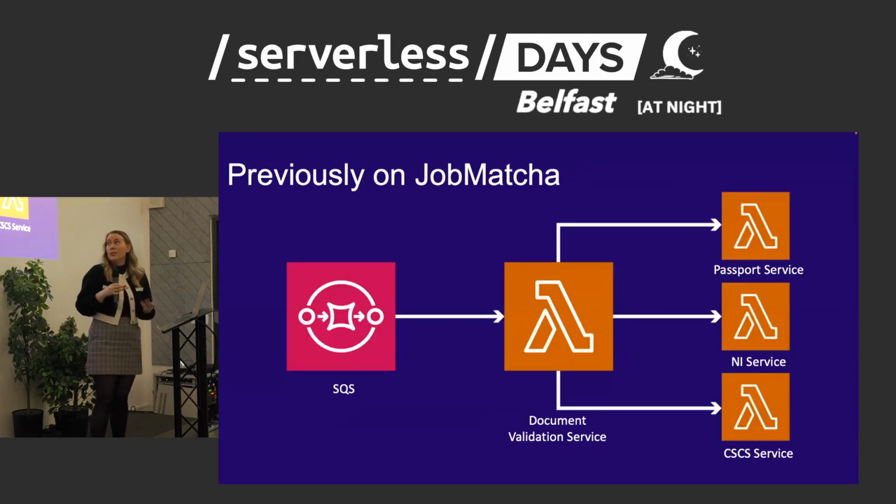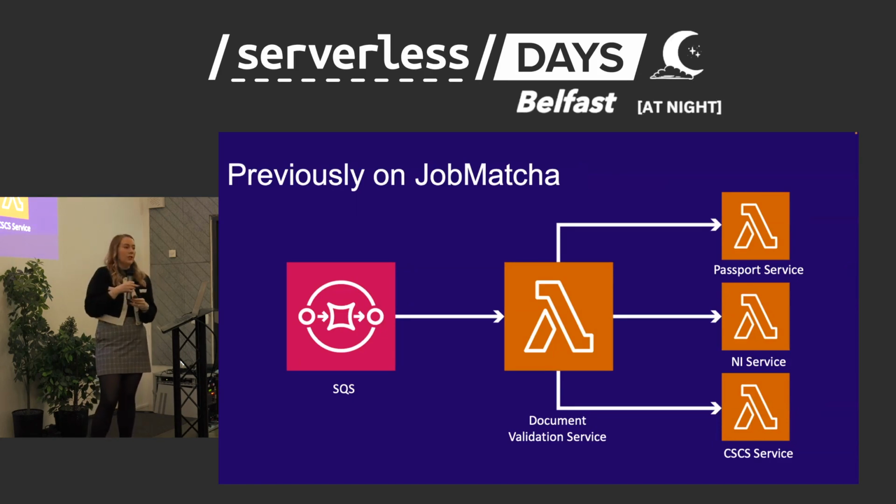And this was our original implementation. Once a worker onboarded, we would create a message to an SQS queue that would contain things like the image URL for their passport, image URL for their national insurance document, and image URL for their CSCS card. This document validation Lambda would then parse that SQS message and subsequently invoke the individual Lambdas.